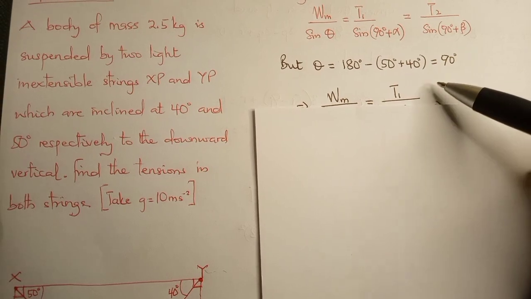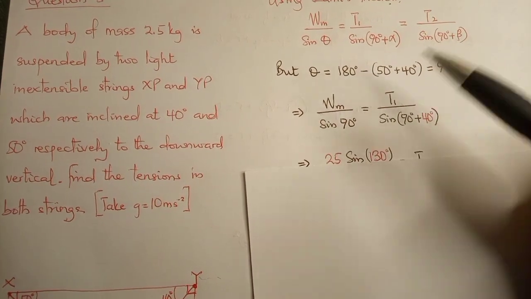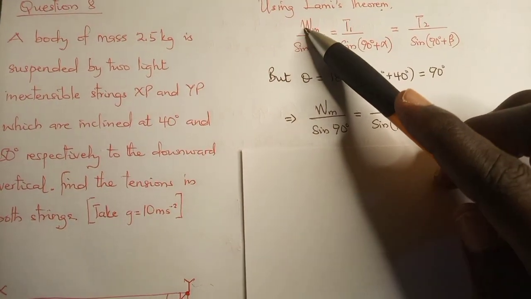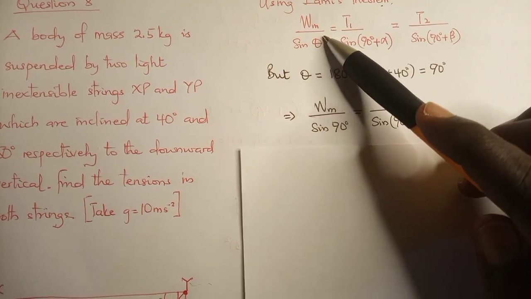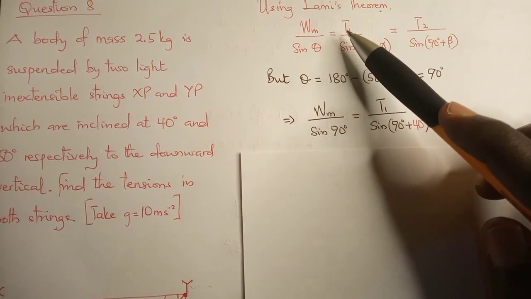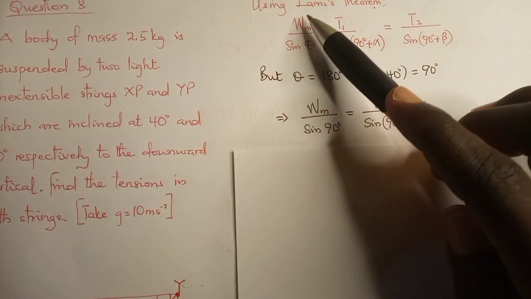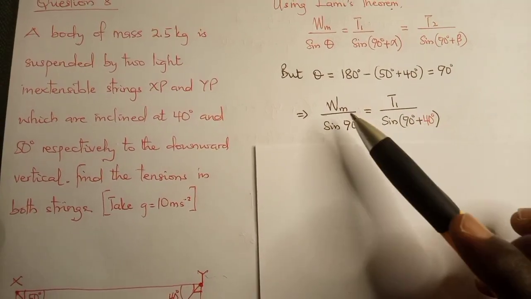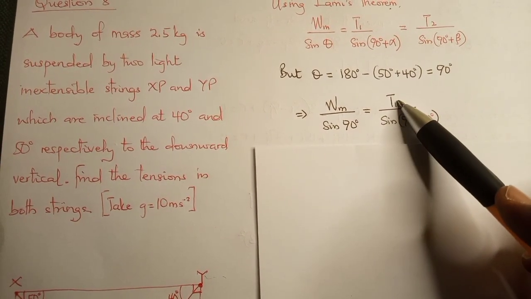So to solve for T1, you pick this ratio. The weight is common to all, so all we alternate is the other two terms. We are looking for T1, so we make T1 the subject.